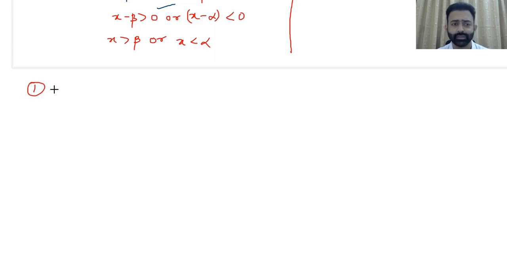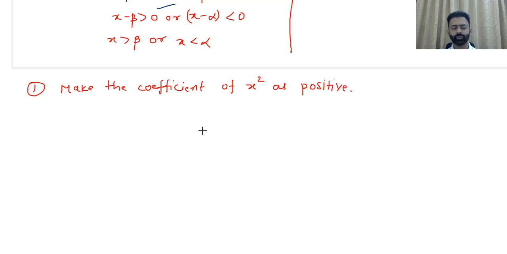the very first step is to make the coefficient of x square positive. Make the coefficient of x square positive.